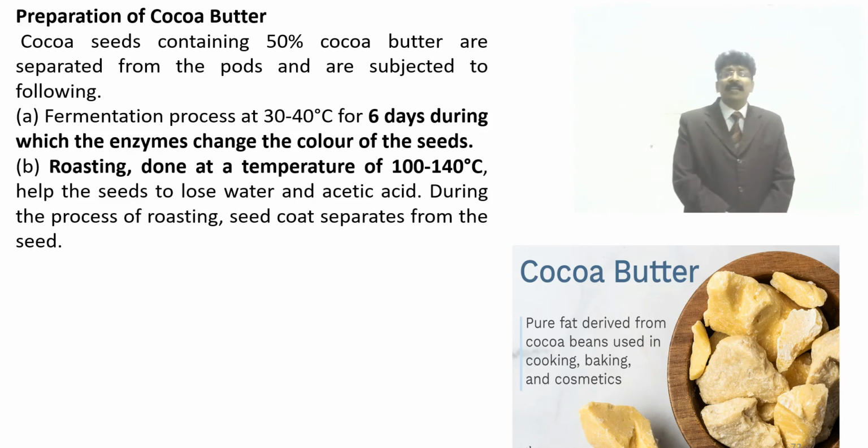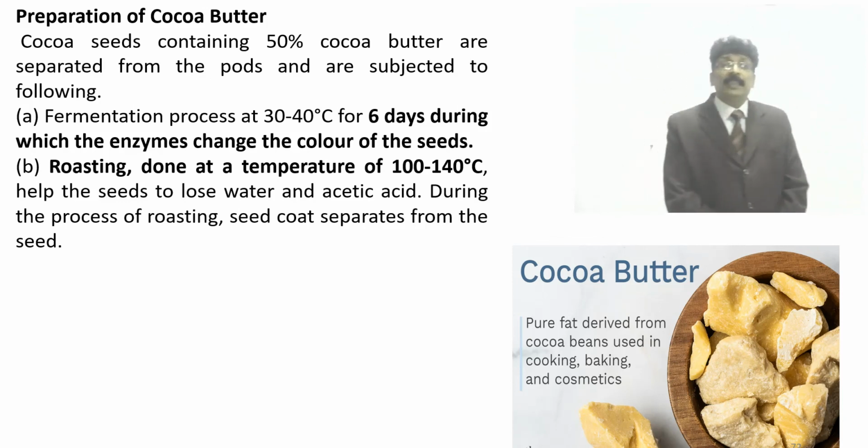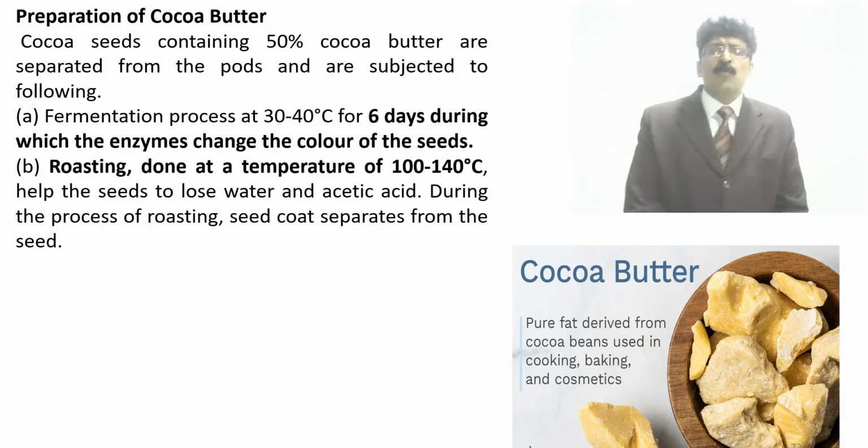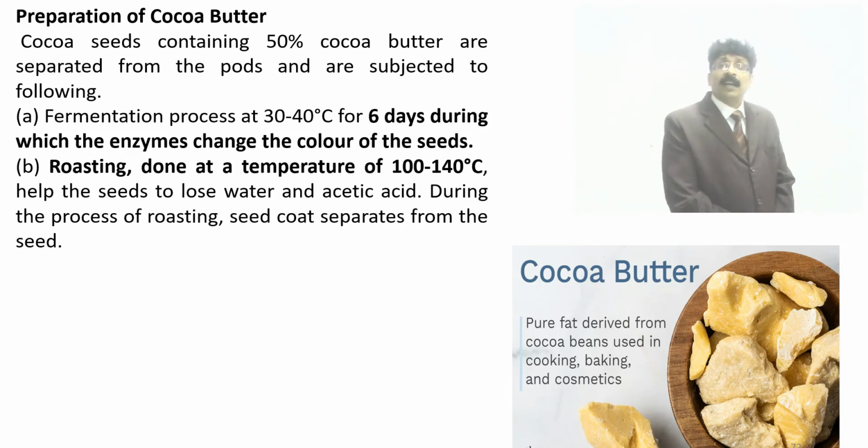Roasting is done at a temperature of 100 to 140 degrees centigrade, which helps the seed to lose water and acetic acid. During roasting, the seed coat separates from the seed.